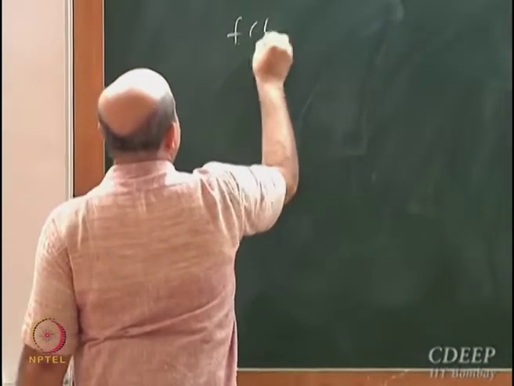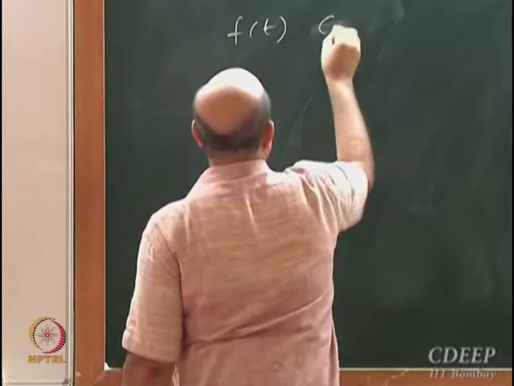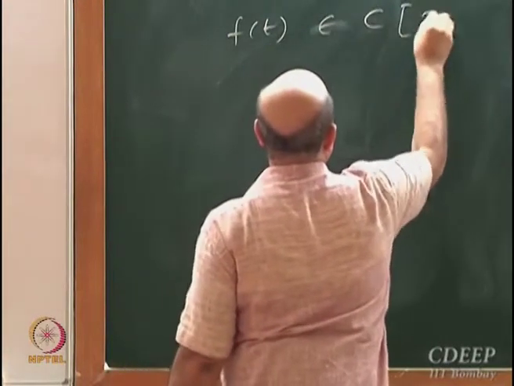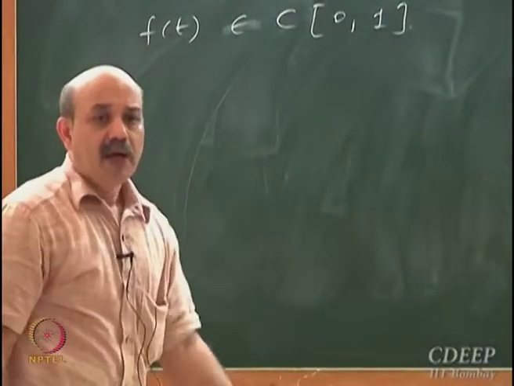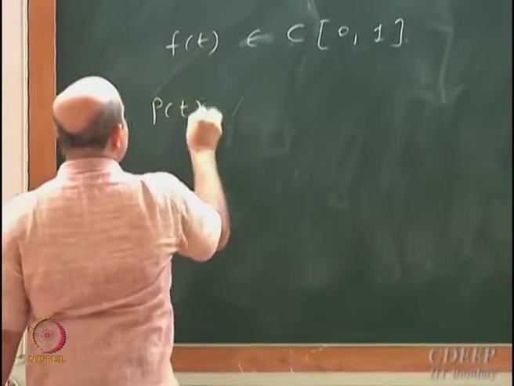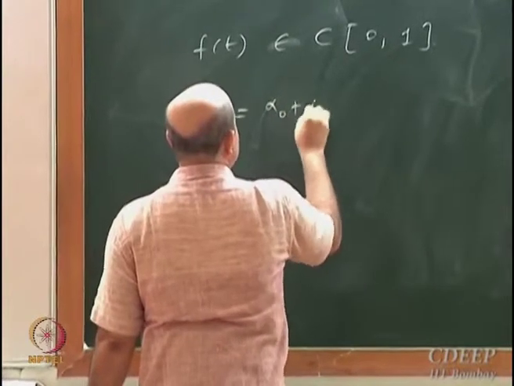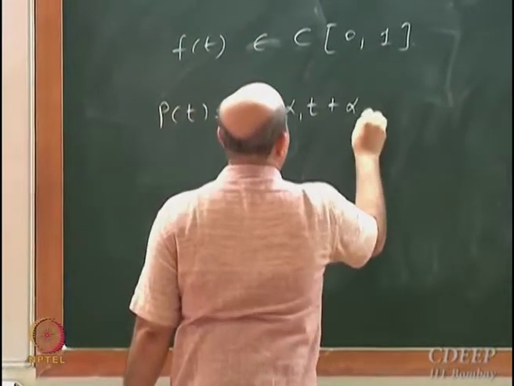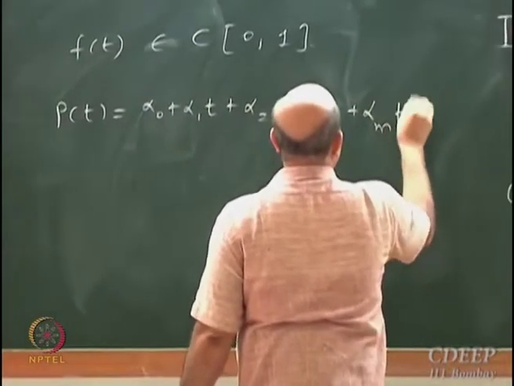I have a function f(t) which belongs to the set of continuous functions over 0 to 1, and I want to develop an approximation p(t), which is alpha 0 plus alpha 1 t plus alpha 2 t square, up to alpha m t to the power m.